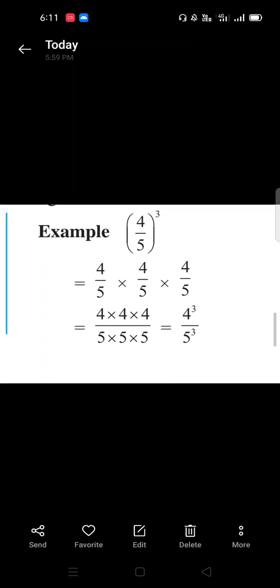So 3 times multiplication of 4 upon 3 times multiplication of 5. 3 times multiplication of 4 can be written as 4 raised to 3, and the denominator part, 3 times multiplication of 5, can also be written as 5 raised to 3. Clear? So 4 upon 5 whole raised to 3 is equal to 4 raised to 3 upon 5 raised to 3.